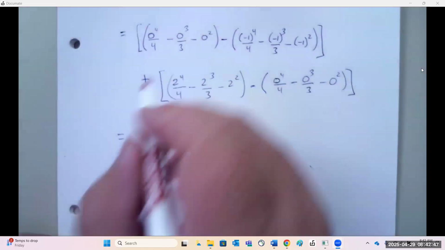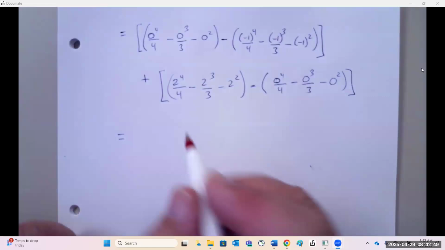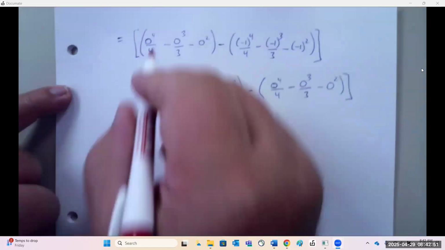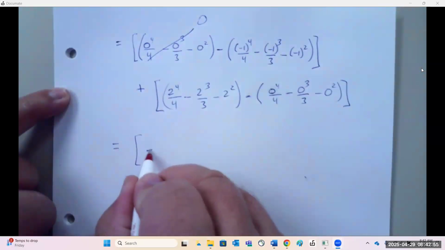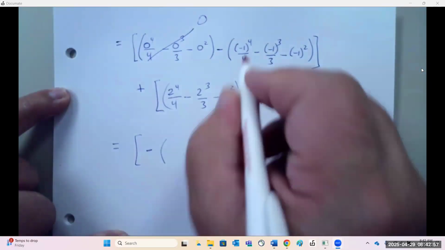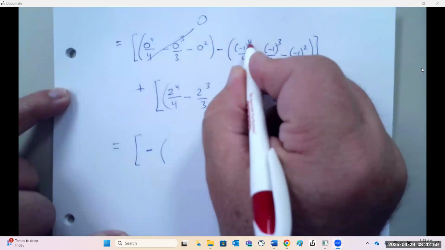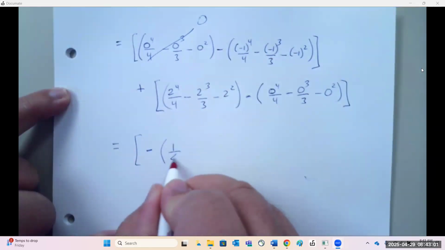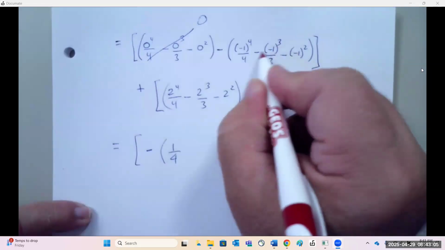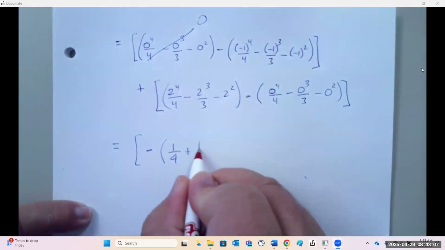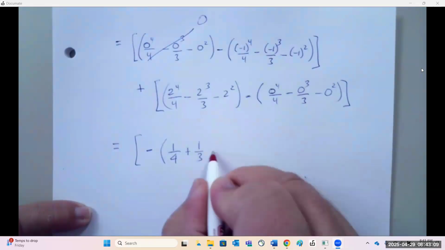So in the first bracket, all these are zeros, so that's 0. So we have a minus. Negative 1 to the 4th is 1/4. Negative 1 cubed is a negative 1, so that changes that sign, 1/3.